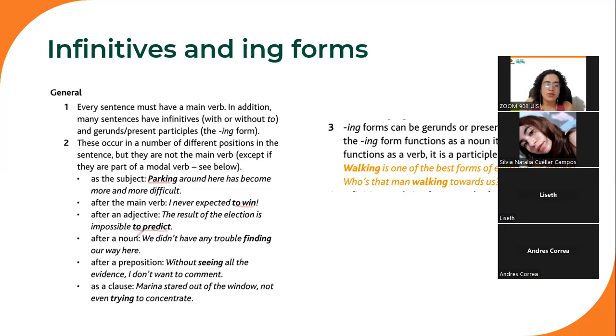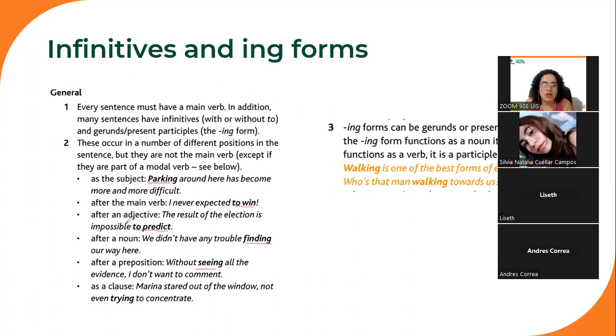After a noun also. The noun is trouble. We didn't have any trouble finding our way here. We can find it also after a preposition. The preposition is without. Without seeing all the evidence, I don't want to comment, okay?